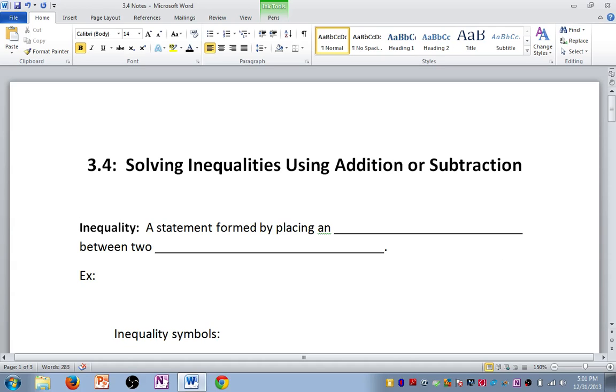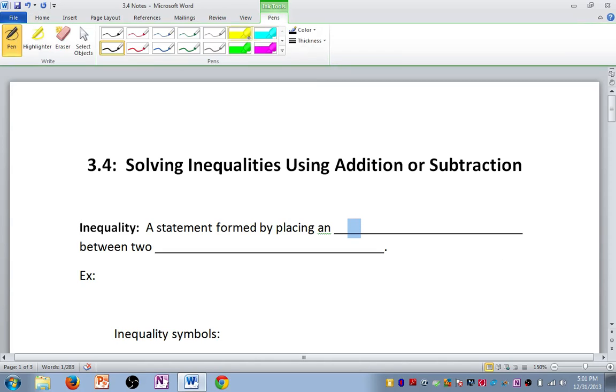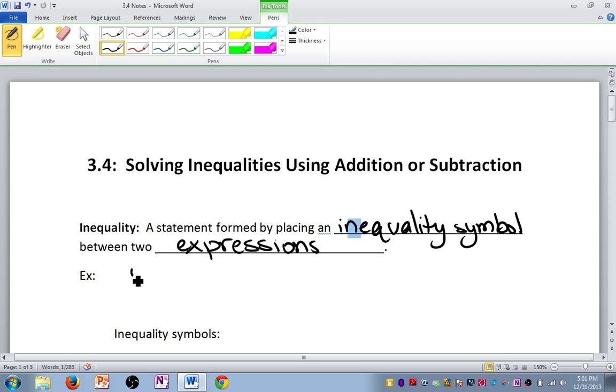An inequality is a statement formed by placing an inequality symbol between two expressions. An example of an inequality looks like this.